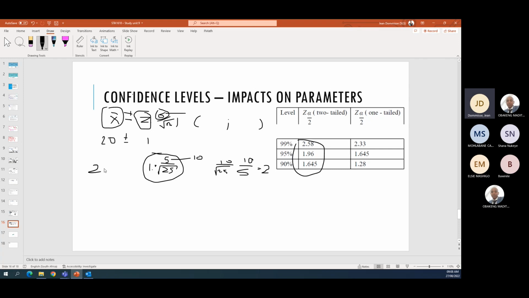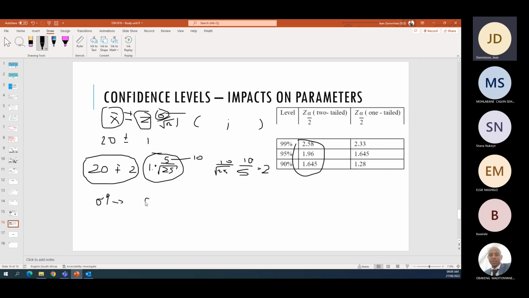Now with the increase in standard deviation, we can see the increase in that standard error. So we will see an increase in your confidence interval. When standard deviation increases, your confidence interval will increase.